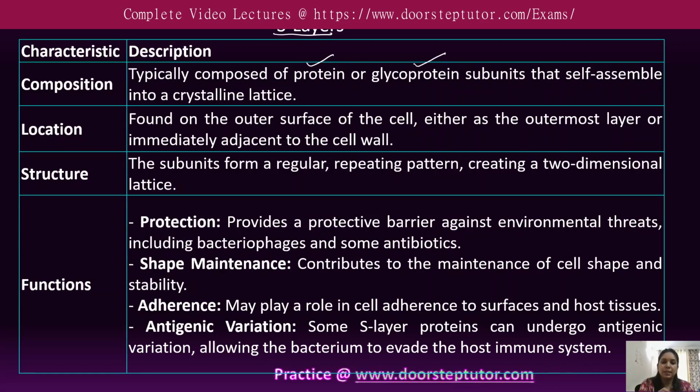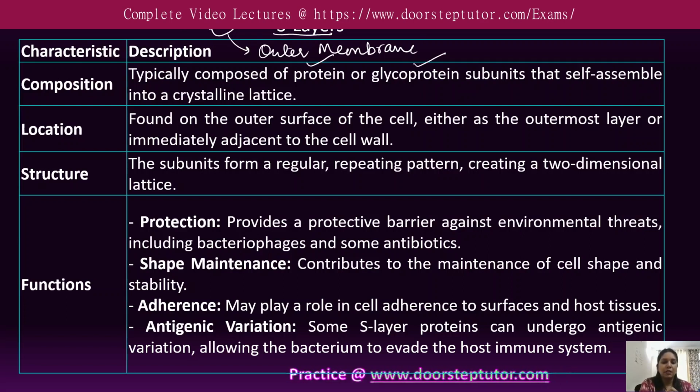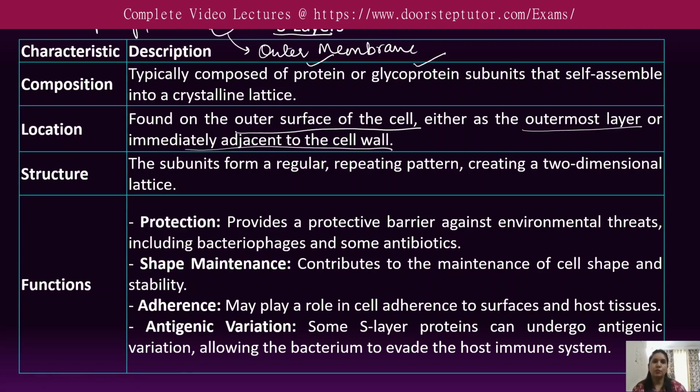This S layer is present in both gram positive and gram negative bacteria. In gram negative bacteria, it is non-covalently attached to the outer membrane. If the S layer is present in gram positive bacteria, it gets attached to the peptidoglycan layer. So the S layer is present on the outer surface of the cell, either as the outermost layer or immediately adjacent to the cell wall.